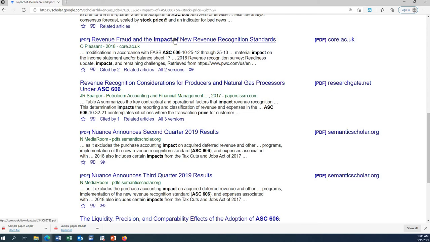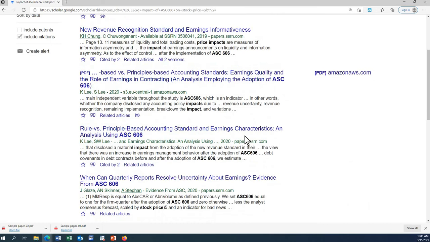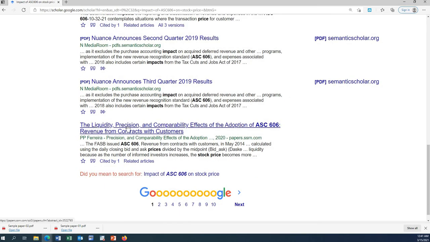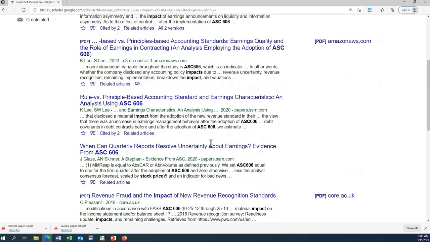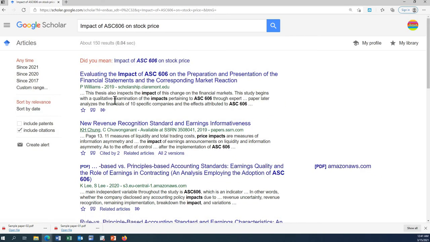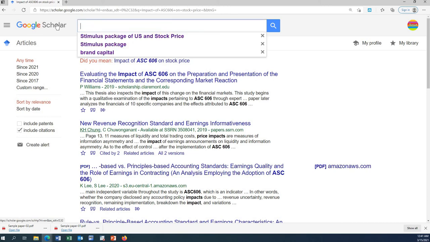So revenue fraud and the impact of new revenue recognition standards. See that, and many things you can see. The liquidity, precision, and comparability effects of the adoption of ASC 606, revenue from contracts with customers. See that this is another paper. So evaluating the impact of ASC 606 on the preparation and presentation of the financial statements and the corresponding market reaction. So you can find data on this.